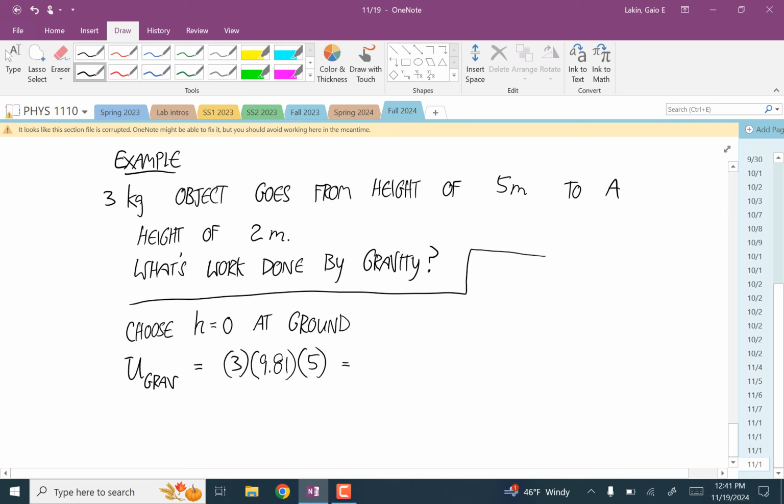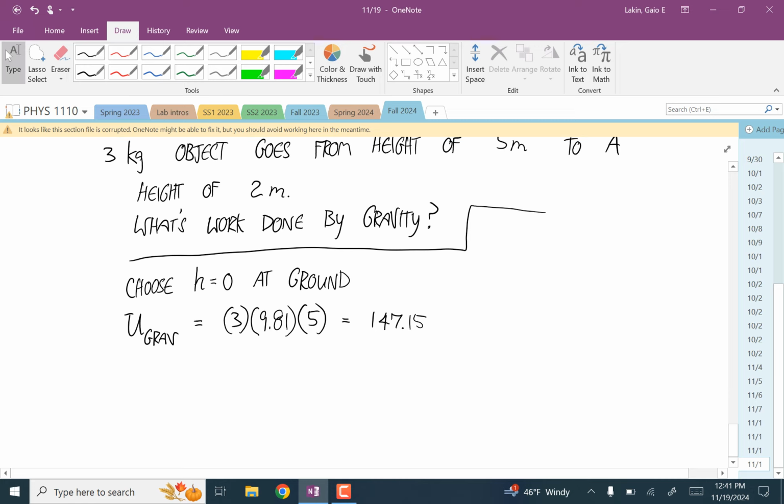And we get, I think, 147.15. I'll call this U1. That's at the first instant.